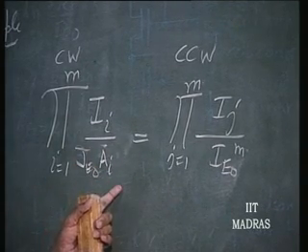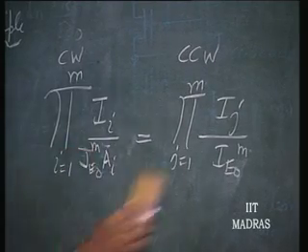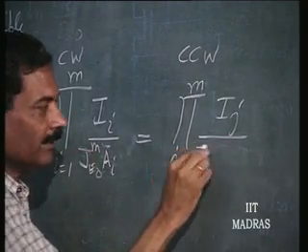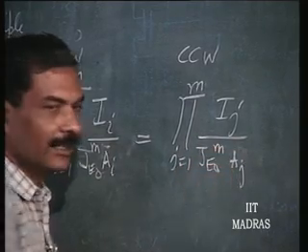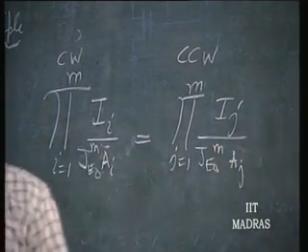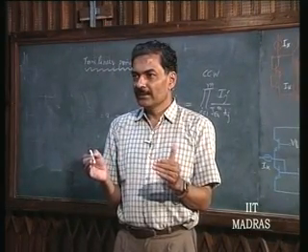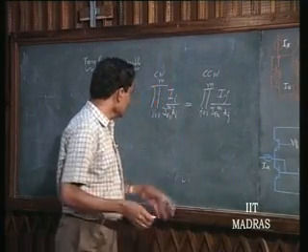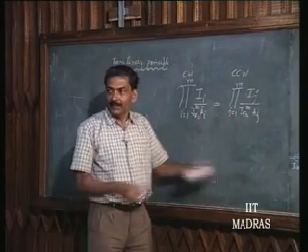Is this clear? JE naught to the power m, here this will be again JE naught to the power m into Aj. Is this clearly understood? Now, obviously, JE naughts are same, that is why we have put it as JE naught to the power m, and they can be cancelled.